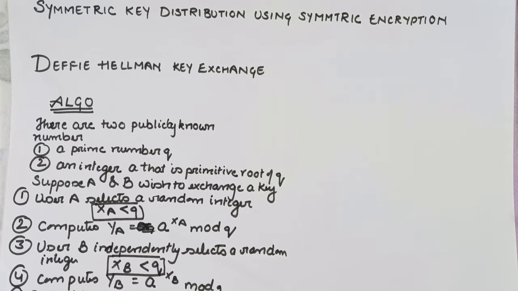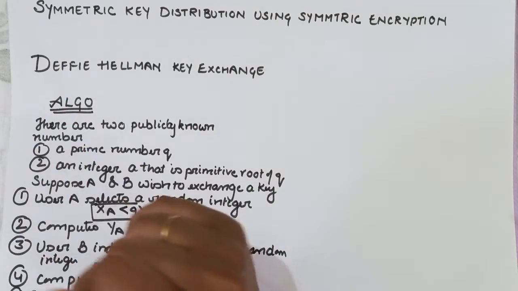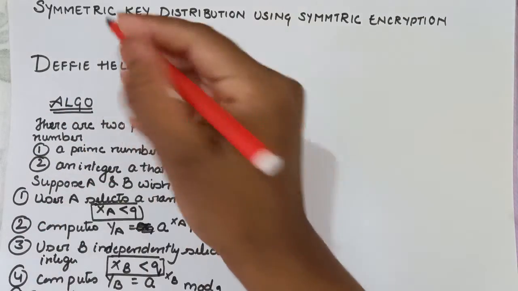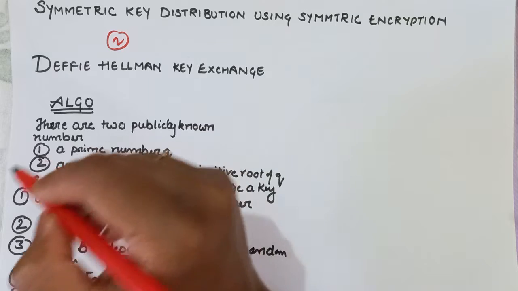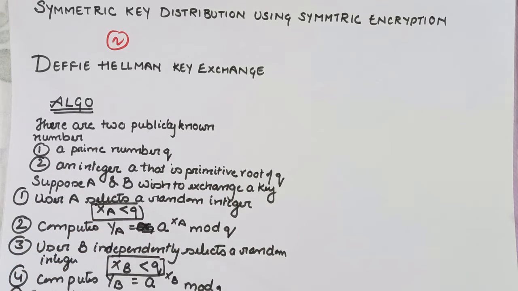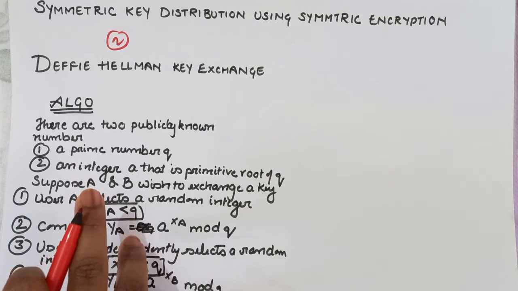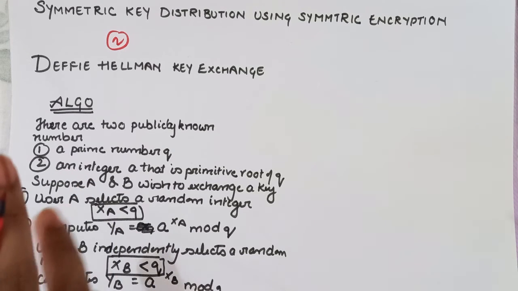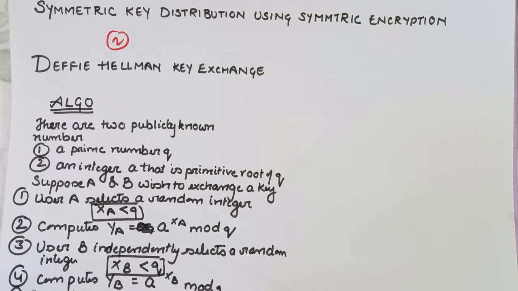A can select a key and physically deliver it to B. The second method was that a third party can select the key and physically deliver it to both parties A and B. And one more method was, if A and B have previously and recently communicated, they can use the previous key for generating the new key. That is how you can share the symmetric key.